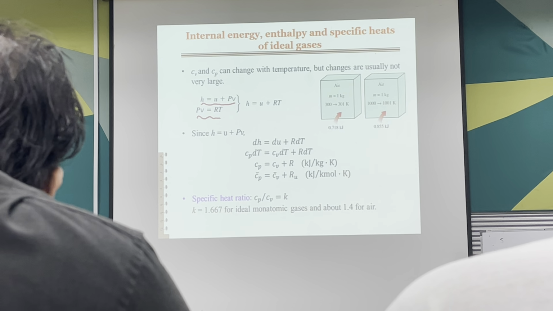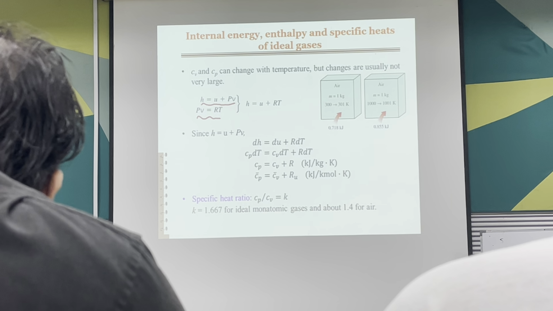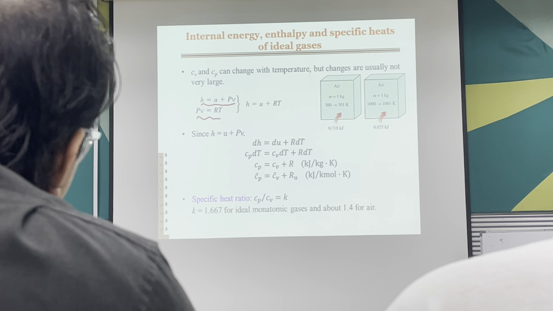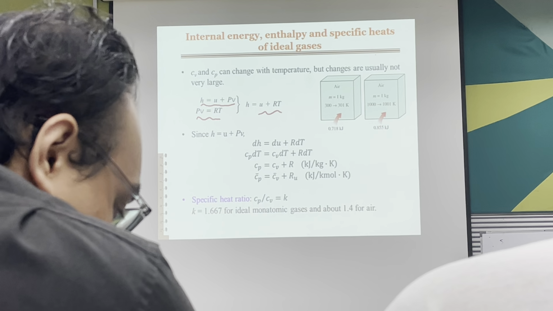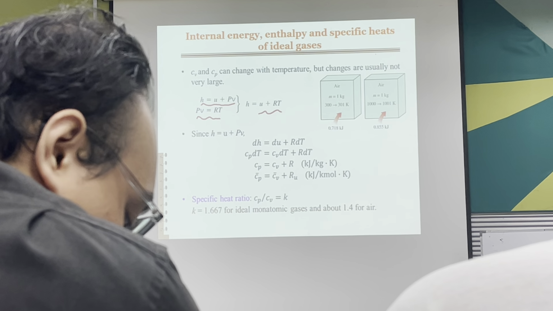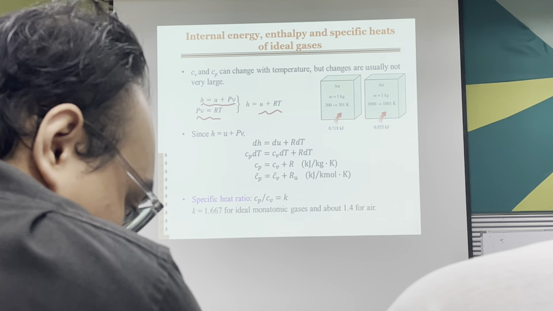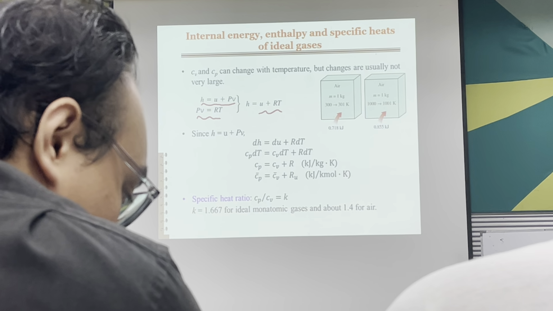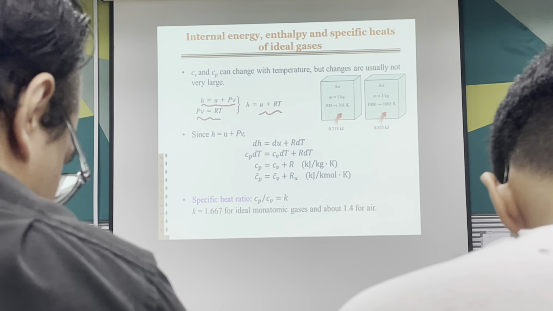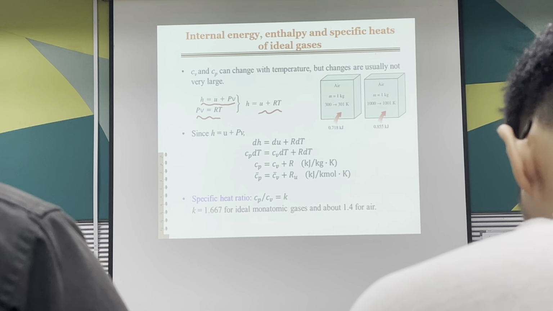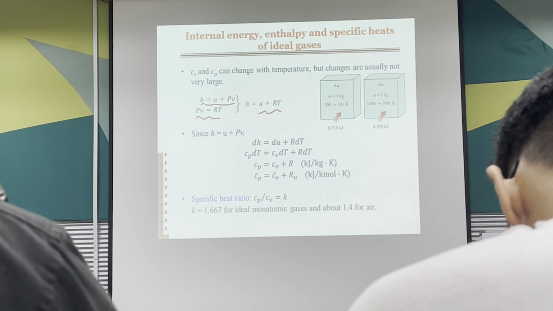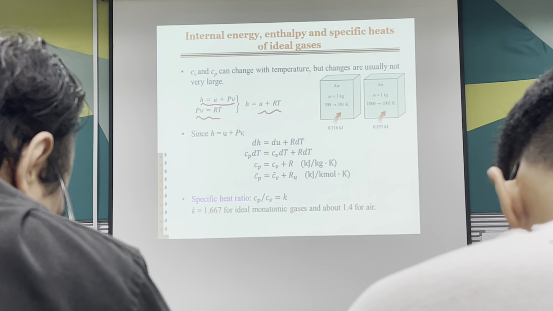So in certain cases, let's say you need to find the boundary work, you can actually use U plus RT instead. We might have some example that will show you this, but this is just to show you that Pv equals RT. So Pv and RT can be interchangeable, but of course again for ideal gas only.